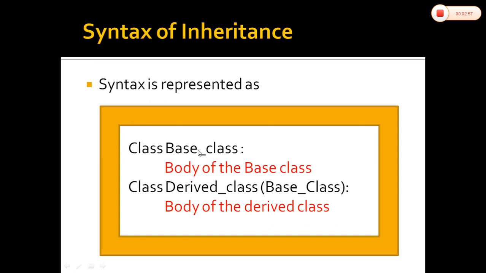Then I am inheriting the values or methods from the base class into the derived class. So in order to inherit, we use the base class again in the derived class. When I use this particular base class again in the derived class, it performs the operation of inheritance, where this inheritance helps me access the methods and properties present in the base class. Okay, this is how we are going to write the syntax here.